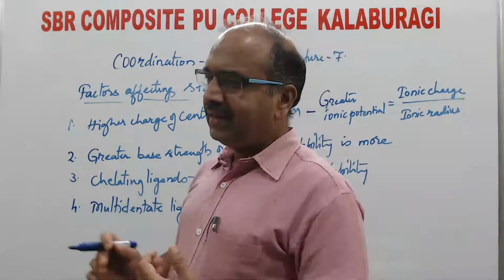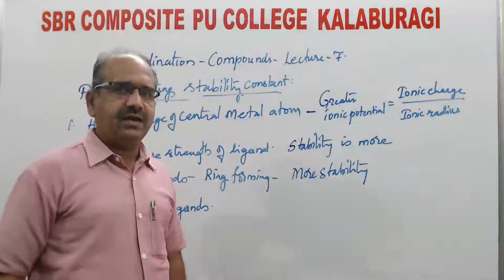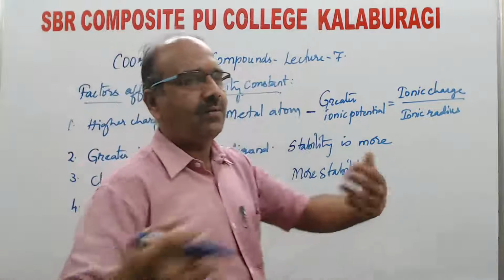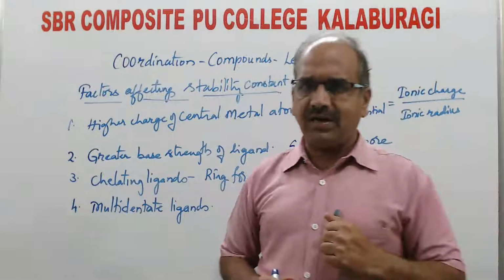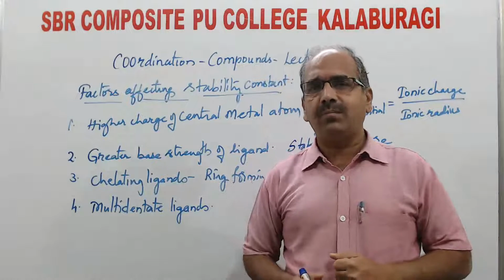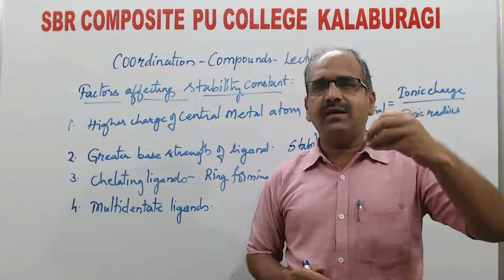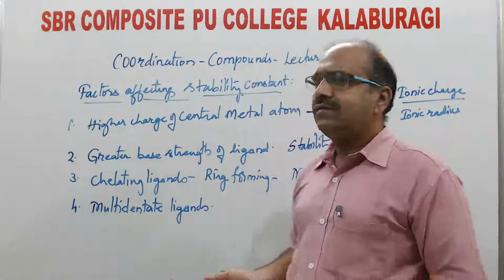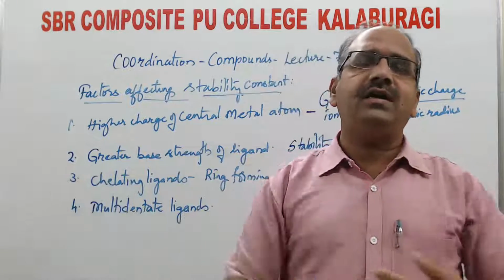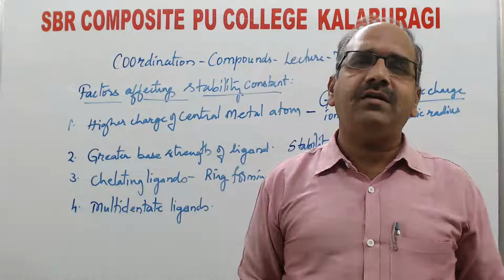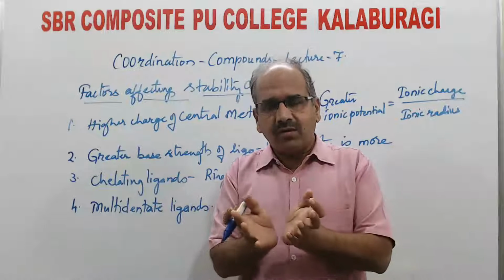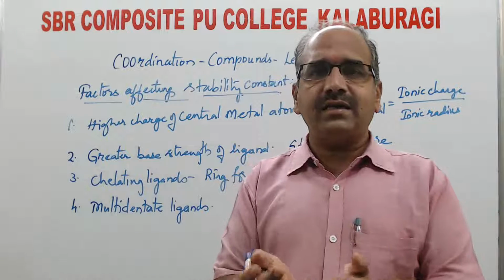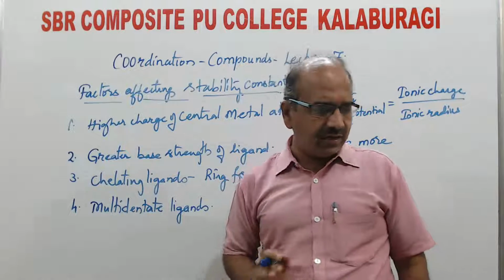Because there are many donating sites of electrons in the ligands, they can form a ring around the central metal atom without any steric problem. So it is going to bond the central metal atom from all the possible sides, almost forming a ring-like structure, and that becomes sufficiently stable.